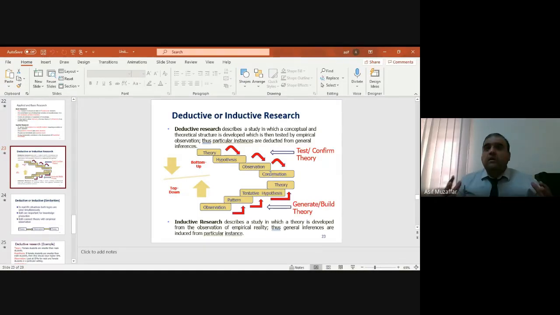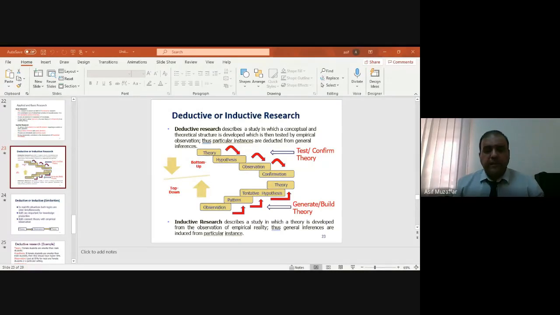False means social media does not affect e-learning. This is the false of this hypothesis. And what about the other hypothesis? Hypothesis 2, culture does not affect e-learning. So I will confirm the theory or my hypothesis. This approach is called deductive approach. So in explanatory research, we will always have deductive approach.